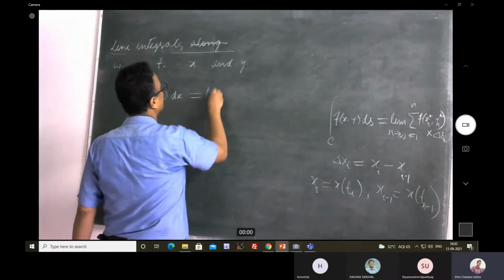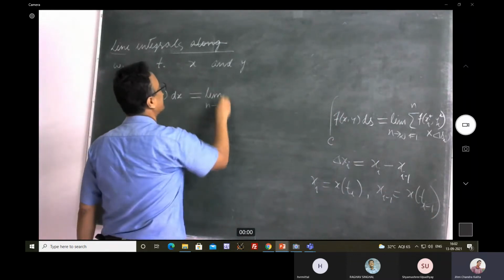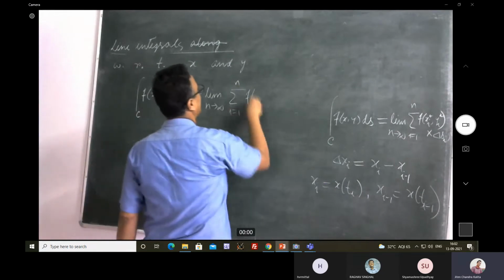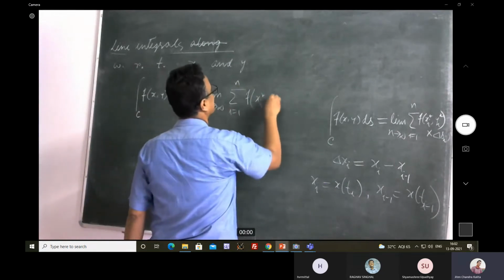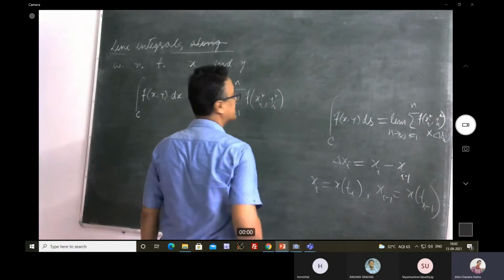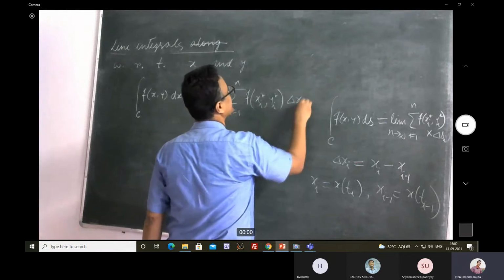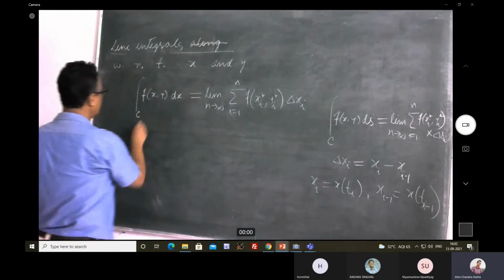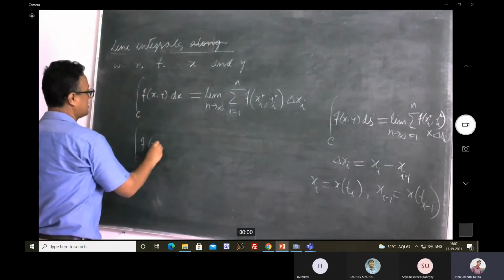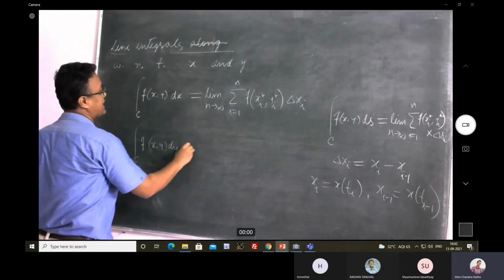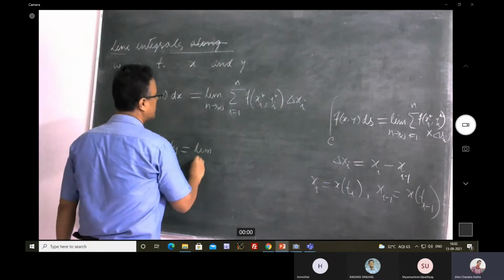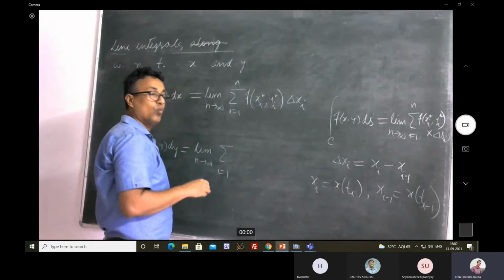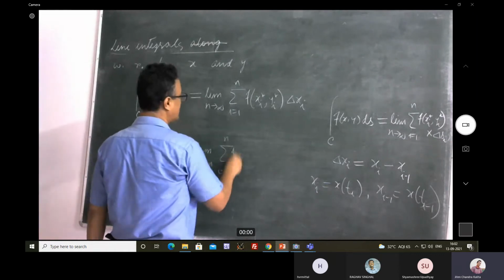So it is defined as the sum, i from 1 to n, of f of xi star, yi star, times delta xi. Similarly, if you consider the line integral with respect to y, we simply consider delta yi.